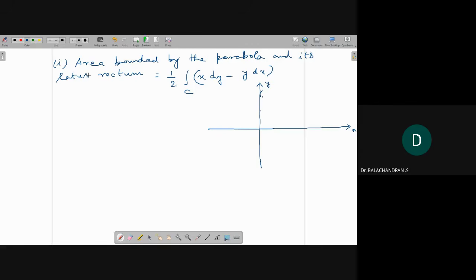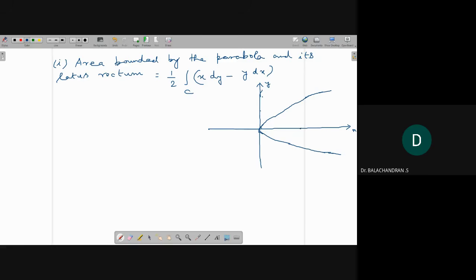So the parabola y square equal to 4ax, and the latus rectum is passing through the focus.